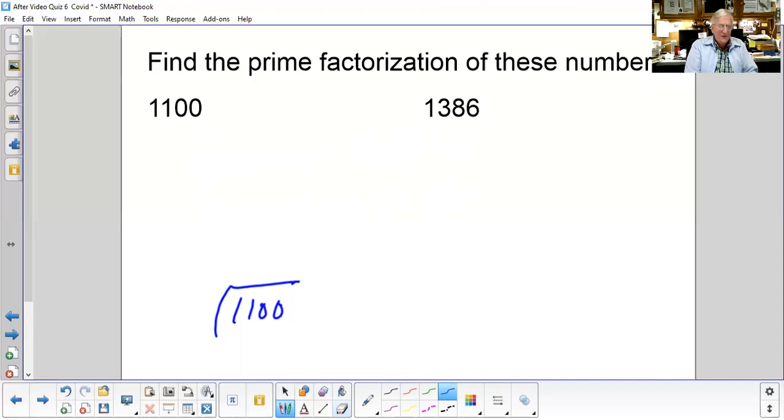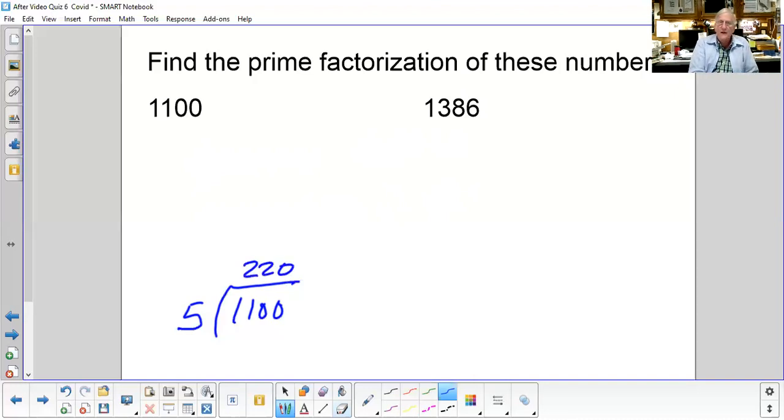I think you can see that this number is divisible by 5 because it ends in a 0. When you're looking to get the prime factorization of a number, all the primes that multiply to give you the number in question, you always have to divide by primes. So let's see. The prime I'm going to divide by here is 5. So I'm going to do 5 divided into 1100. And when I do, I get 220.